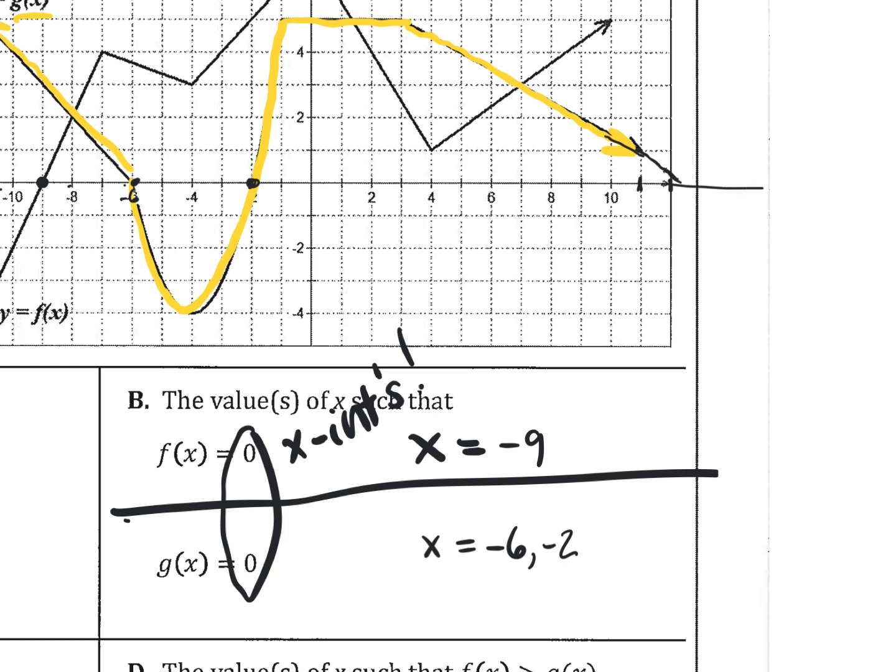And it's going to cross where? I'm thinking it's going to keep going like this, isn't it? It's got to cross again, doesn't it? So we have to kind of continue it out. So that's 11, 12, where? So also at 13. Okay? So if you have to, you might have to extend the graph out a little bit.